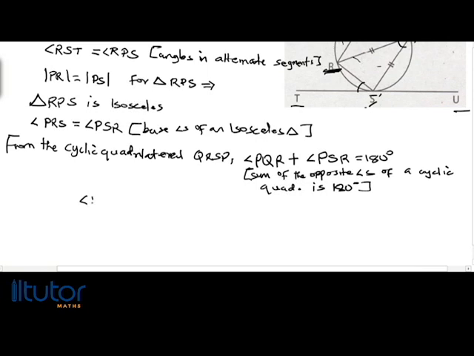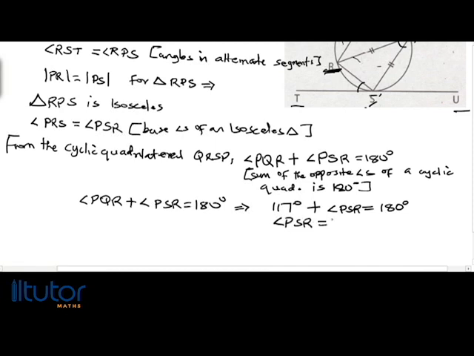So we have PQR plus angle PSR equals 180 degrees, which implies 117 degrees plus angle PSR equals 180 degrees, so that we have our angle PSR to be 180 degrees minus 117 degrees, and that will be equal to 63 degrees. So we've gotten PSR to be 63 degrees.